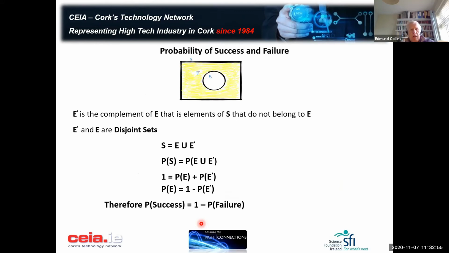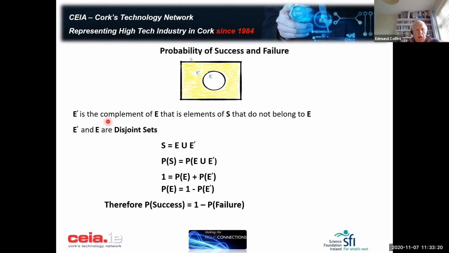Now, this is a very important concept, and it can be used quite a bit in problem solving and probability. It's to do with the probability of success and failure, the complement of an event, as we often talk. It's designated by E dash here.